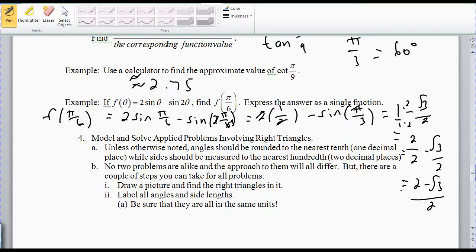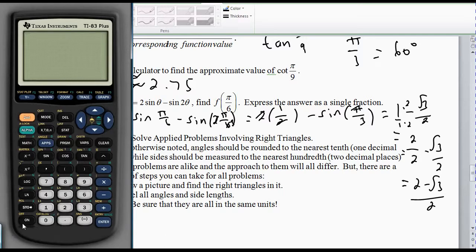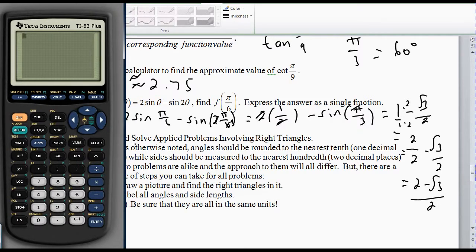Now, I can't use a calculator to find this answer because of the ugly answer, but what I could have done is find sine of pi over 6. Remember, these are in radian mode, so I'll make sure I'm in radian mode. So I could have found 2 sine of pi over 6.